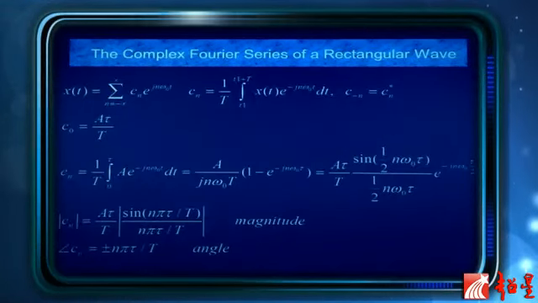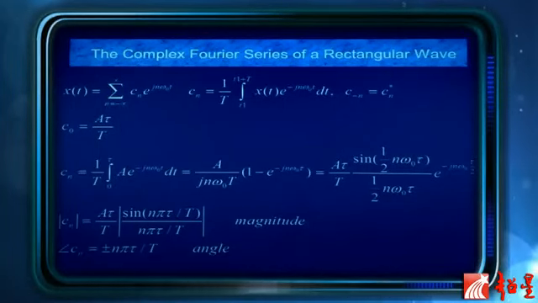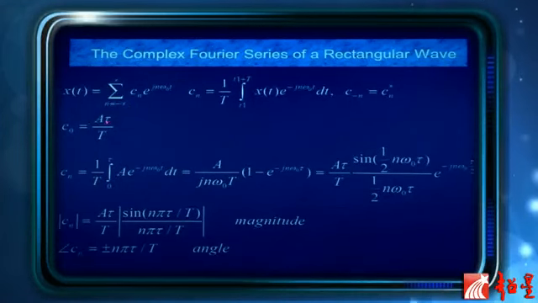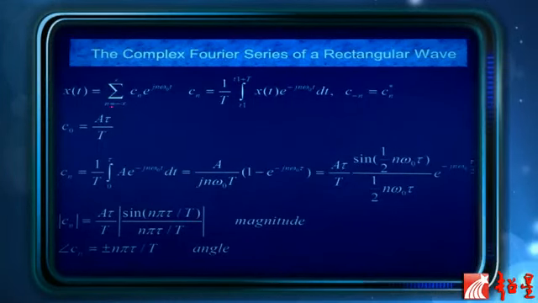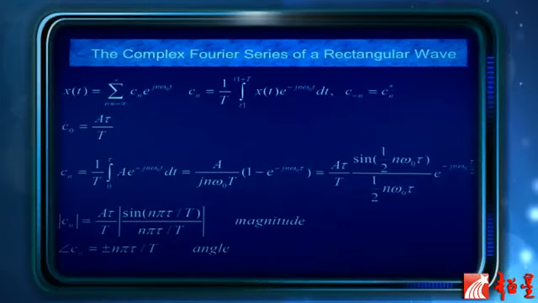Okay, so if you do this expansion in the complex domain, then you can get this coefficient. Okay, this is DC, and this is a double-ended, two-sided expansion. N goes from negative infinity to infinity.